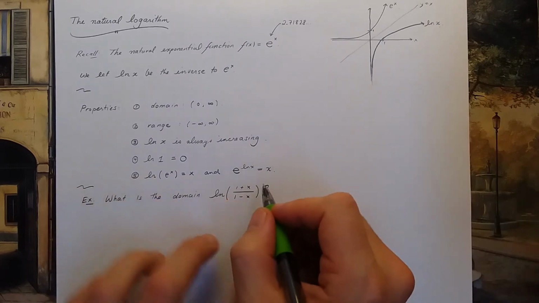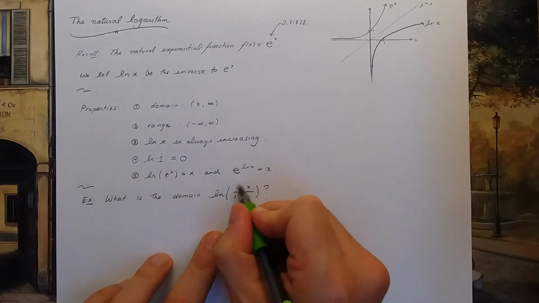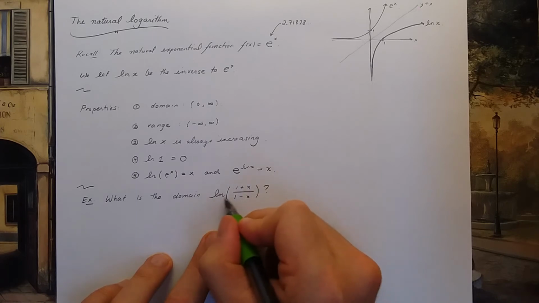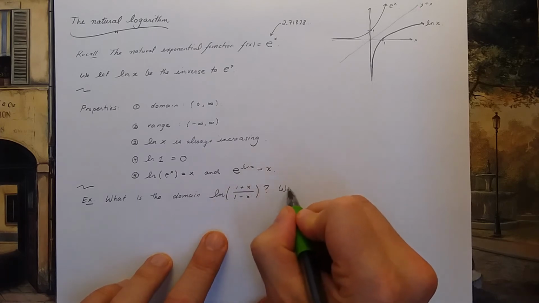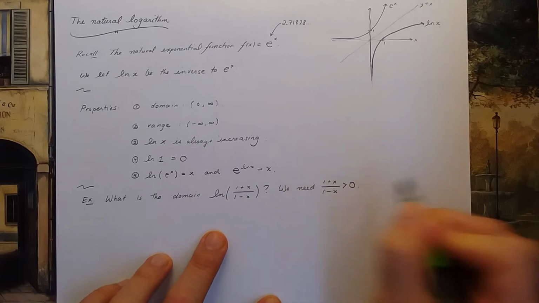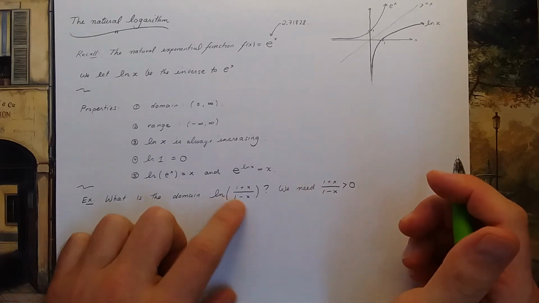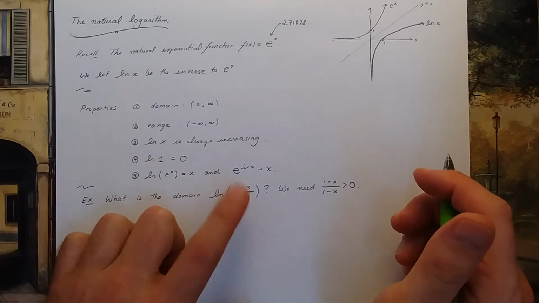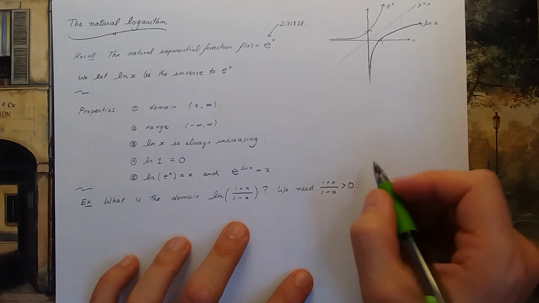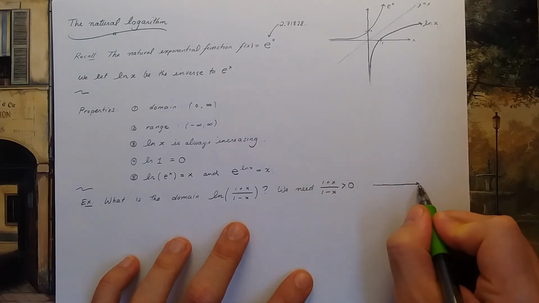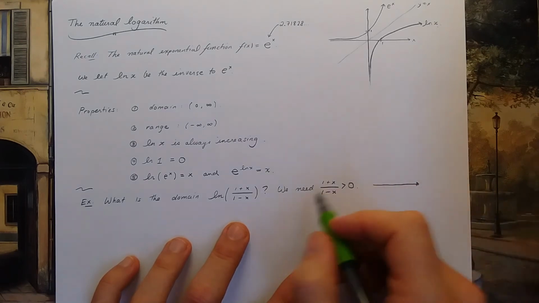So that means the domain is whatever x values I can plug in to make this input into the logarithm function positive. So we need 1 plus x over 1 minus x to be positive. You can't even plug in 0 to log x. You can get out 0, but you can't plug in 0 to log x. The way that we solve rational inequalities is by plotting the zeros and the vertical asymptotes on a number line.